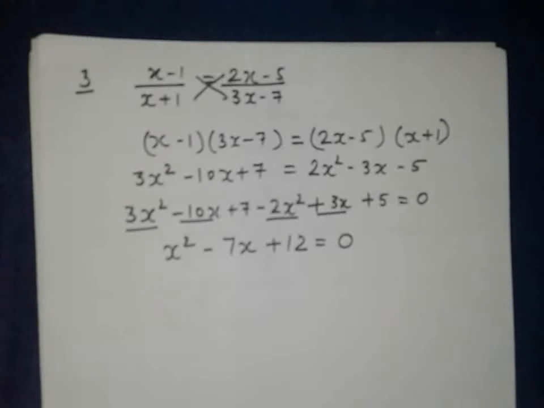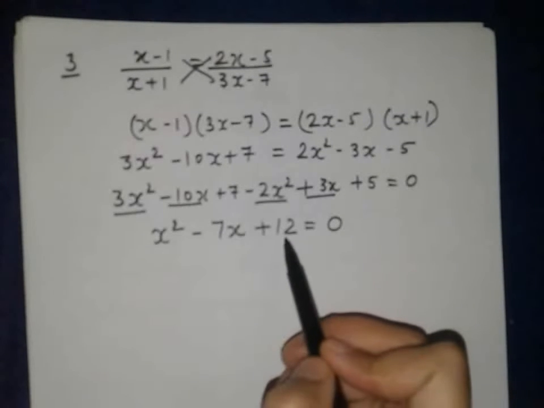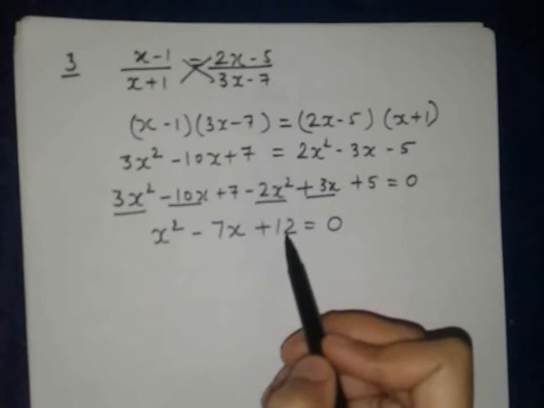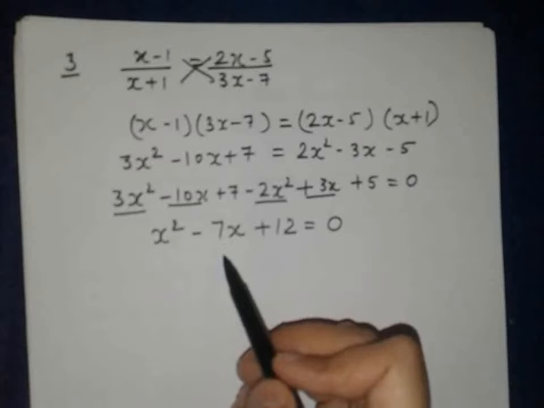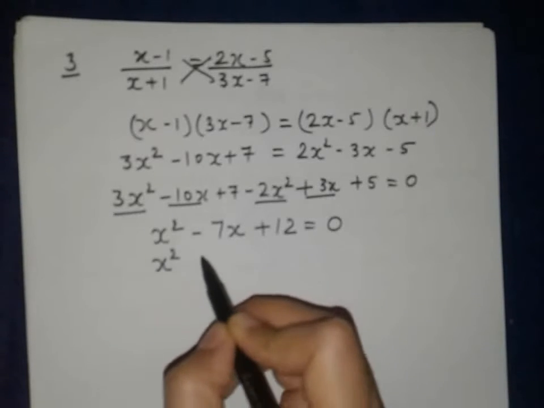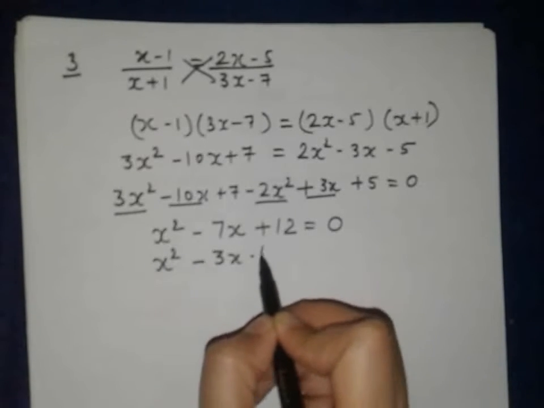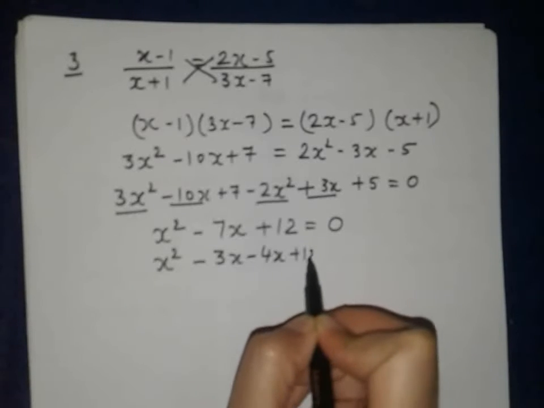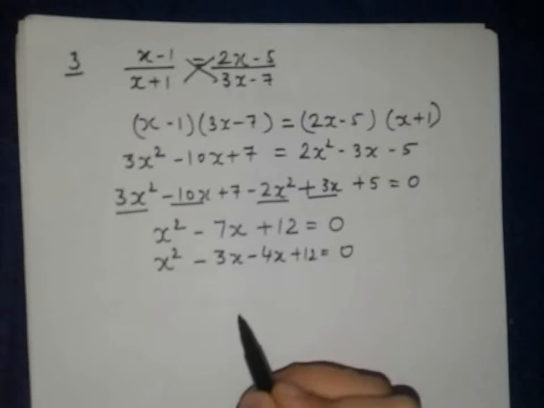Now the same step will be followed. We will be factorizing the expression. Two factors of 12 so that their sum is 7. Factors will be 3 and 4. So x square minus 3x minus 4x plus 12 is equal to 0.